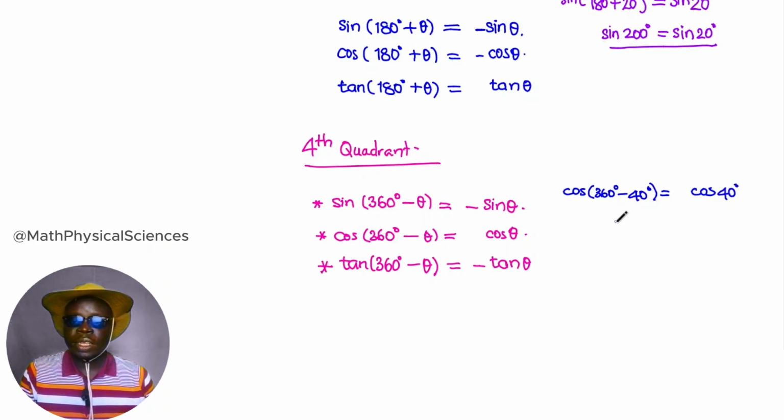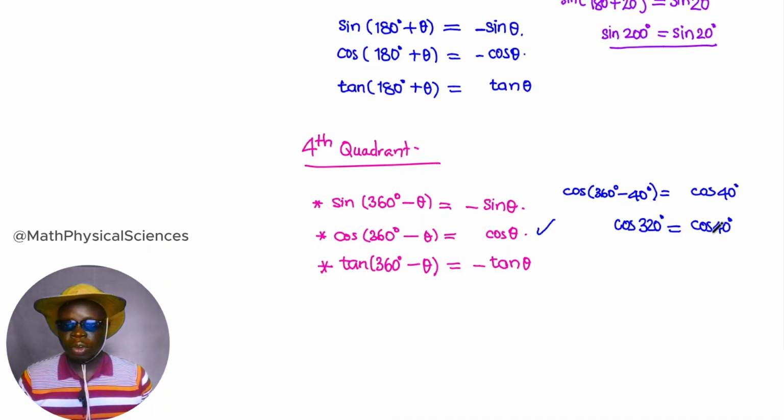Now when you reduce this down, you have cos of, when you subtract 40 away from 360, we get 320 degrees. If you punch this into a calculator, then the result would be exactly the same. Since we have picked cos, then our results we get will be positive results. And it will be exactly the same.